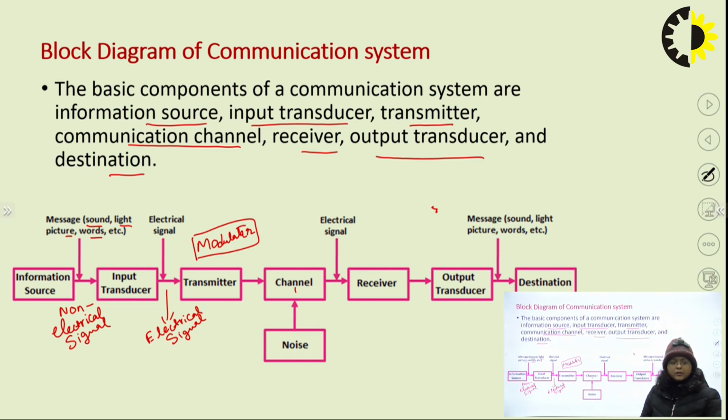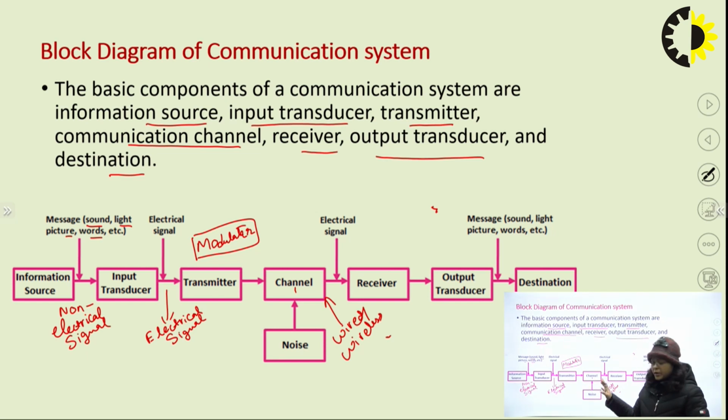So in transmitter, the energy or power of the signal is increased and the signal is modulated using some technique, and then this high frequency, high power signal is transmitted through channel, wired or wireless, based on type of communication. For example, if we talk about landline communication, the channel will be wired, and if we talk about mobile communication, the channel will be wireless.